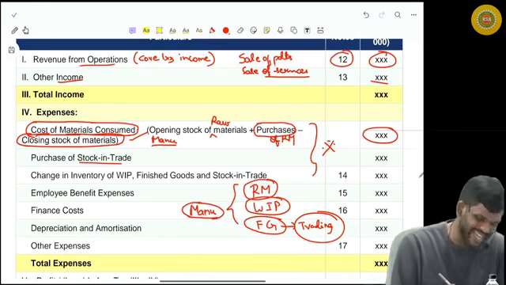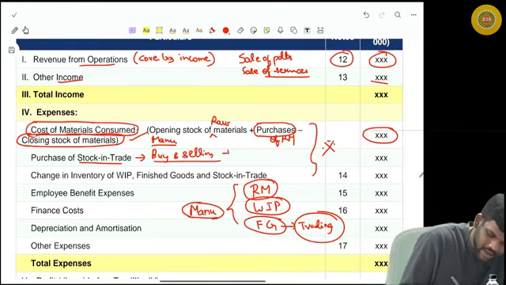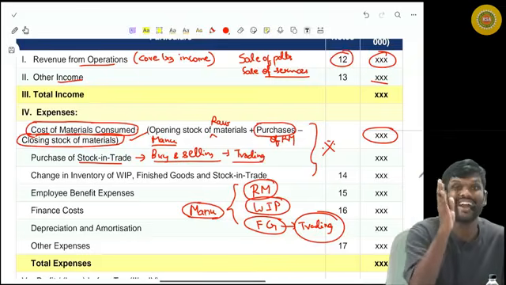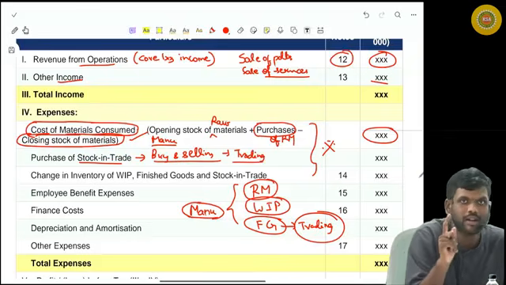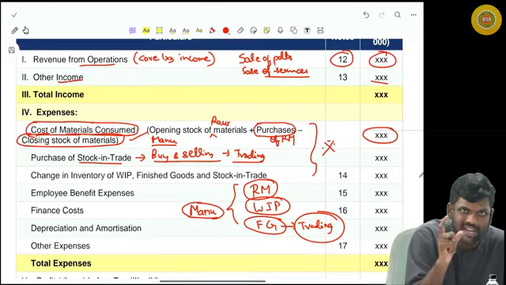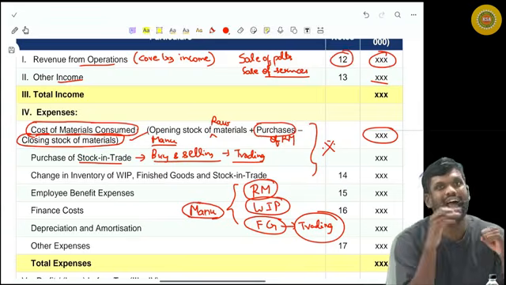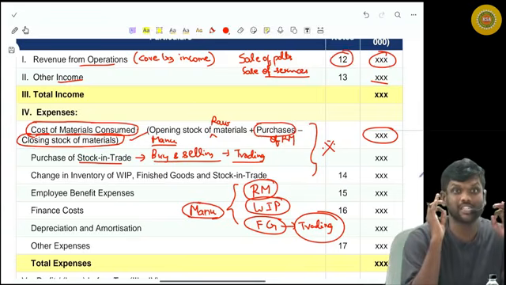purchase of stock in trade. Remember this one. Stock in trade means those goods which you are just buying and selling. This will come in a company which is involved in trading. This will not come in a manufacturing company. If you see stock in trade somewhere, that means those goods you are just buying and selling. You are just a trader.